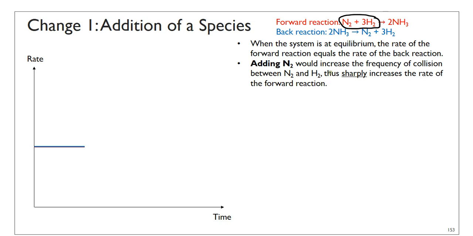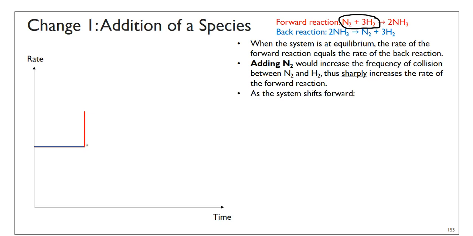So what is going to happen the moment that you add extra nitrogen is that there is going to be a sharp increase in the rate of the forward reaction, whereas nothing has happened to the rate of the back reaction at this point because you have the same amount of ammonia, or NH3, and the same level of collision.